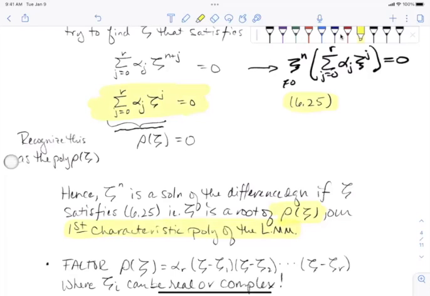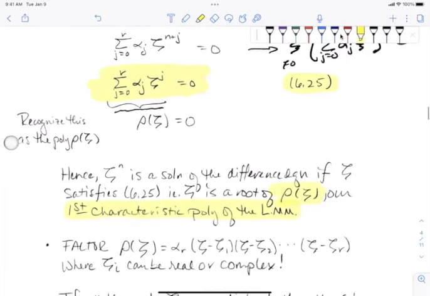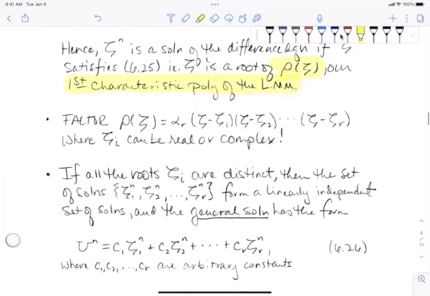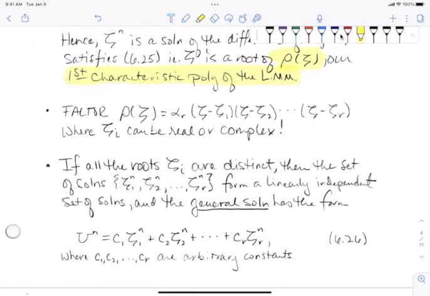So we'll do a couple of examples here shortly so you can see what I mean. In the meantime, the first thing to think about is, okay, if I'm looking for a root of a polynomial, what do I do? Ideal case. Well, if I can factor rho into this very snazzy form right here, then I can eyeball what the roots are.